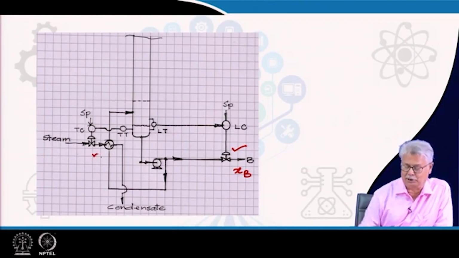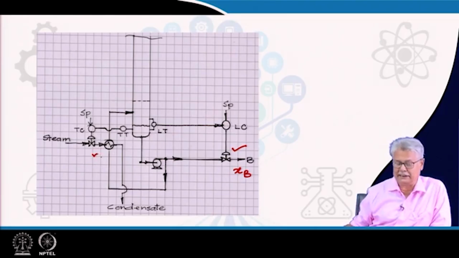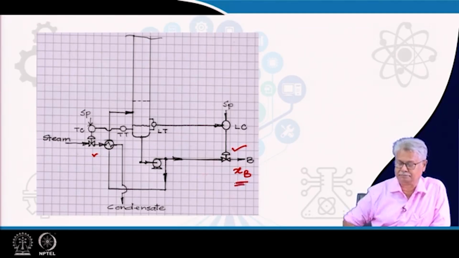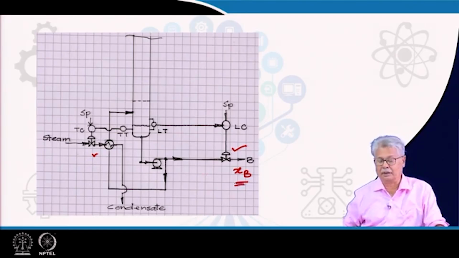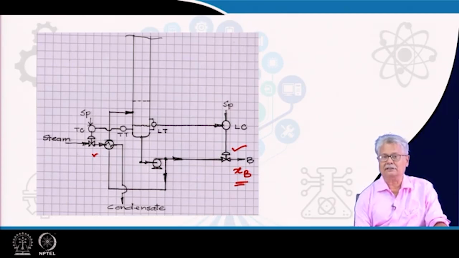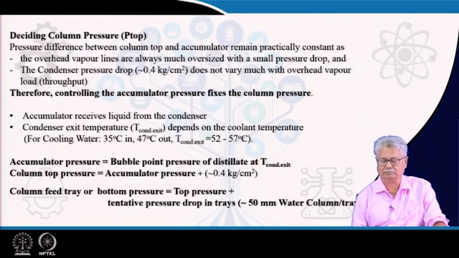So, this is your reboiler, and the reboiler heat basically generates sufficient temperature, and your steam flow or the heating fluid flow is manipulated in order to control TB, which in turn fixes your XB. The level naturally decides the flow rate of the column bottom.